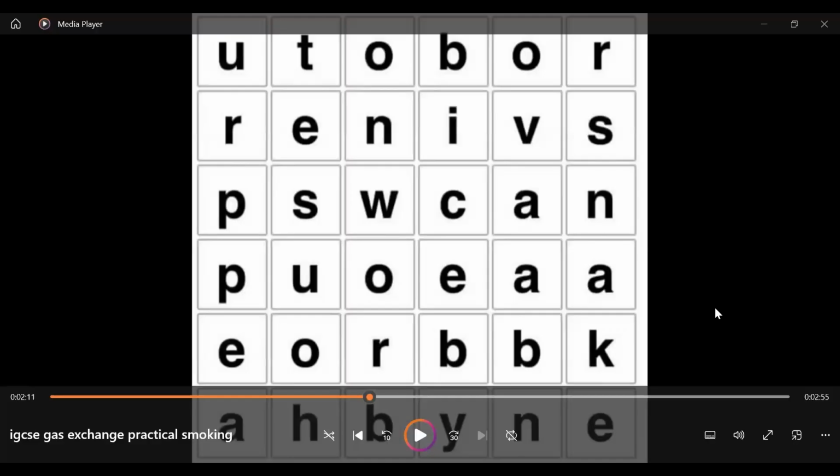I already see a few words now, at least 3 words. And 7 students have already found the words, 8.